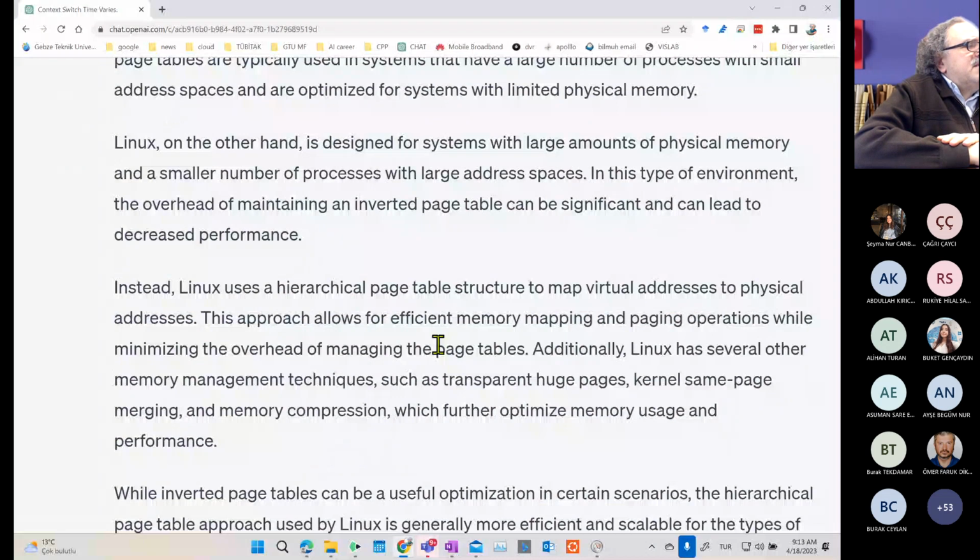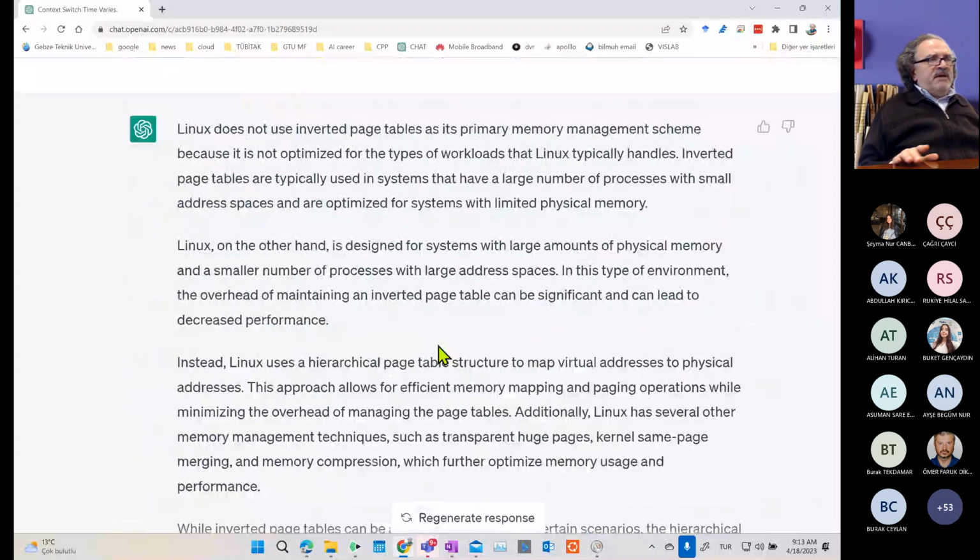So how do you decide, if you are designing an operating system, whether you should use multi-level page tables or the inverted page tables? There is no closed form formula. There is no analytical calculation. I don't take the derivative of something and run some differential equation and find the answer. No, it doesn't work that way. All you do is run simulations.